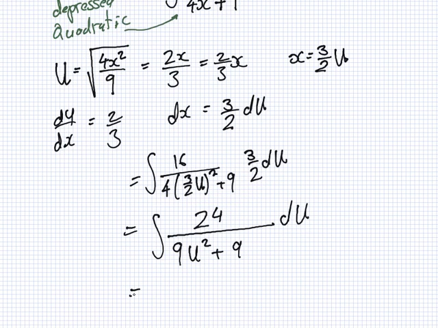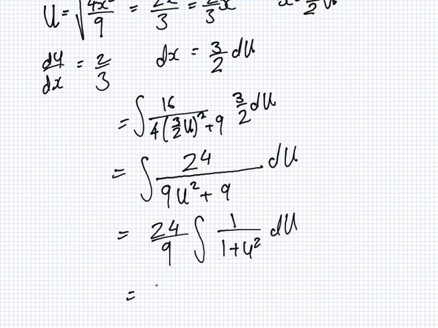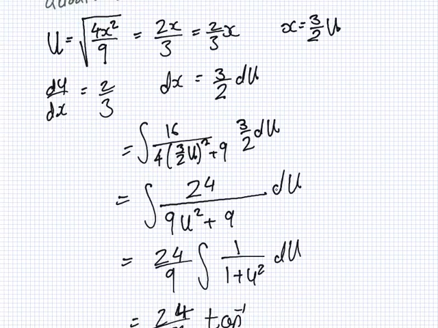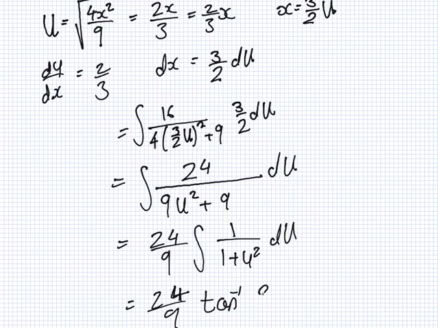This is nice because now I can take out the 24 and the 9, leaving me with 1 over 1 plus u squared du. Perfect, because now this is the tan inverse of u. And u we said was 2 over 3 x. And that's that one.